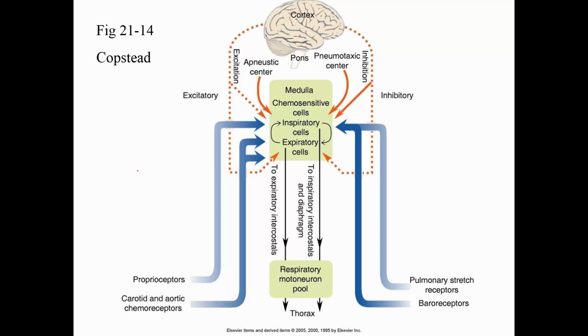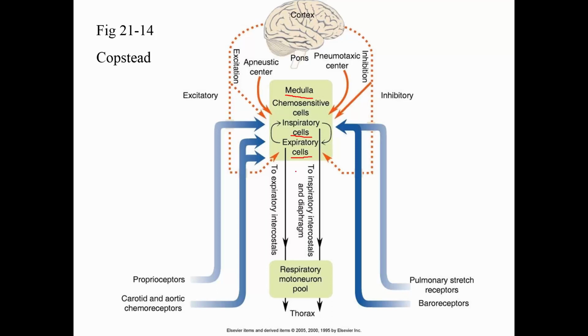So here's a diagram from Copstead's pathophysiology, and in this diagram you see in the medulla we're going to have some chemoreceptors, and then we have some cells that stimulate inspiration and cells that stimulate expiration.